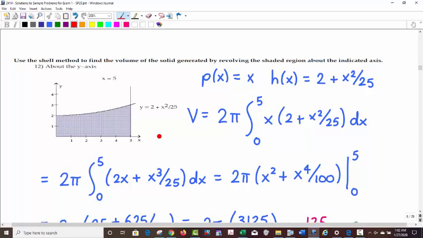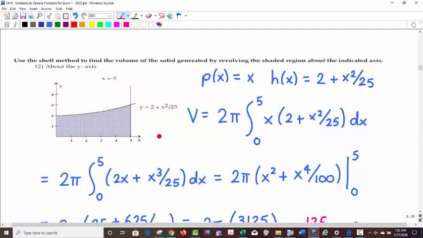Now later on you'll see the problems on the disc and washer method. One thing that makes this confusing is which axis you use for which method. For example, using the shell method, if you're revolving around the y-axis, it will be variable x.